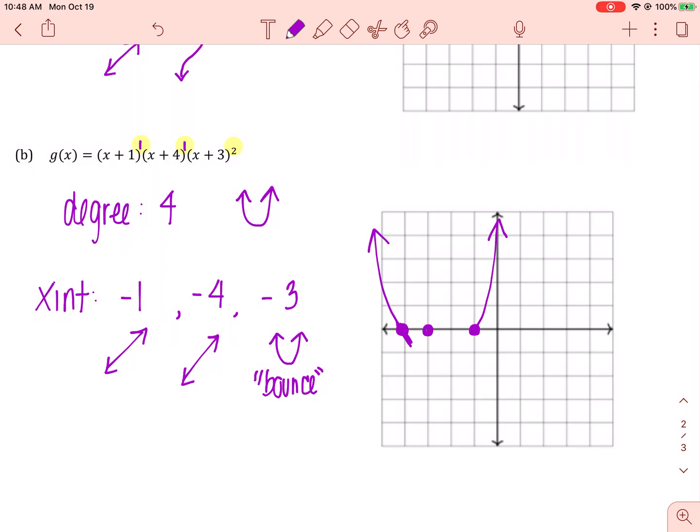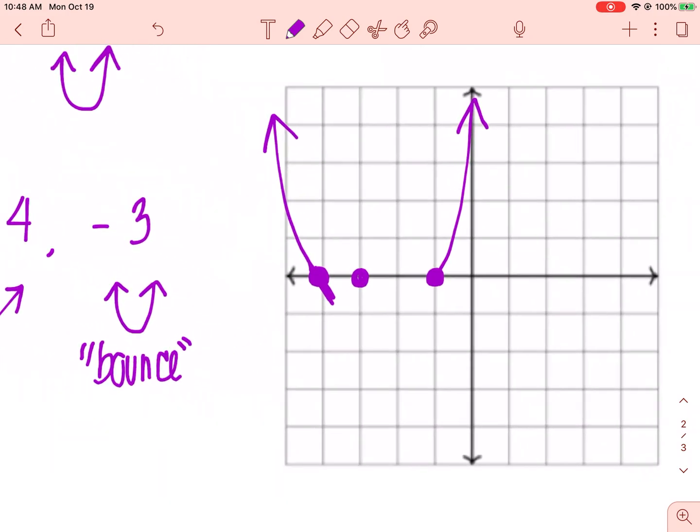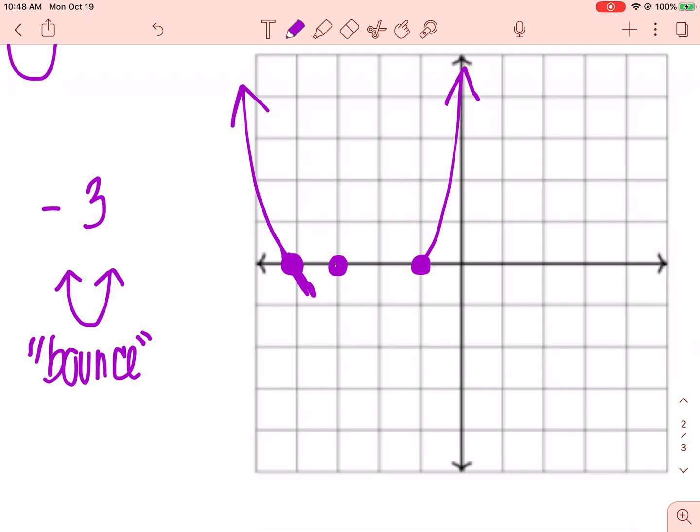At -3, it's going to bounce. So what that means is it needs to come up and then it bounces back down. Okay, so it went through here, it bounces here, and then at -1 it's going to cross through.